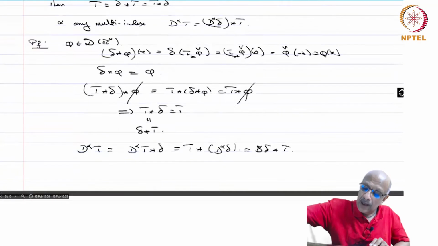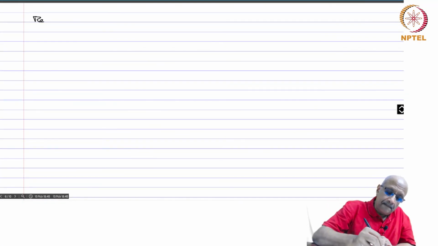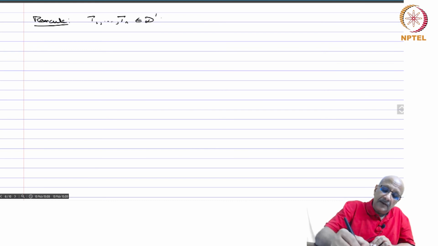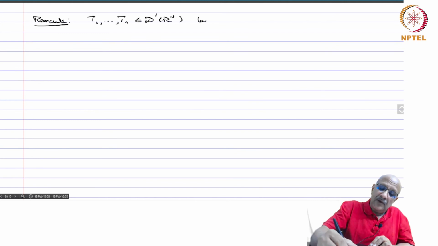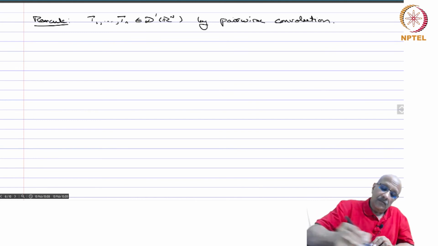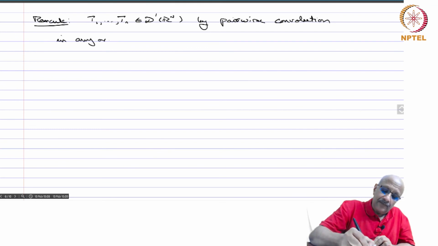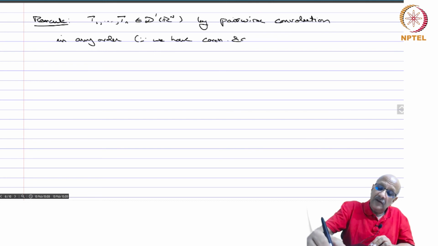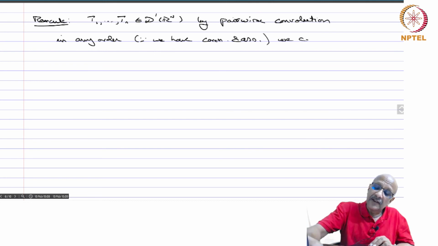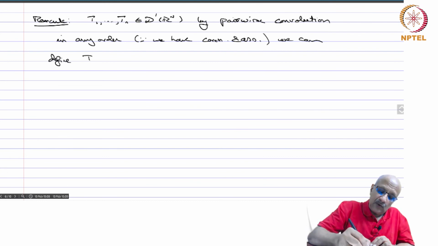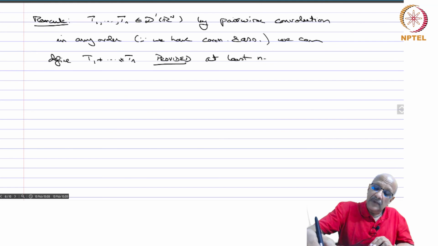Okay, so remark: if you have T1 to Tn in D prime of R n, then by pairwise convolution in any order, since we have commutativity and associativity, we can define T1 star through Tn, provided, and this is very important, at least n minus 1 of them have compact support.